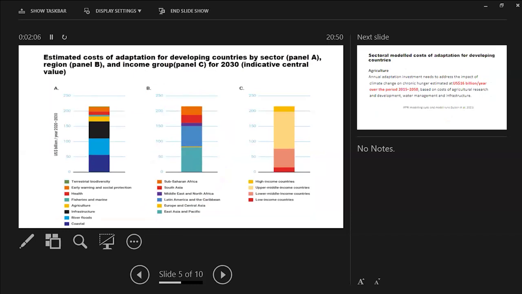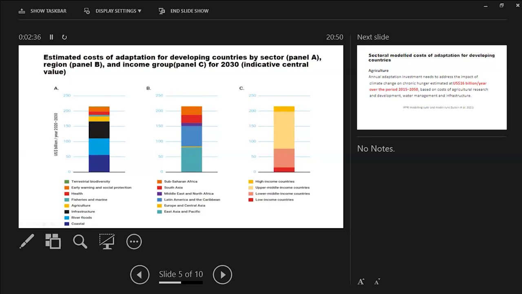So the estimated cost of adaptation for developing countries, for which the tentative plannings are made, and we are particularly concerned about agriculture. If you can see, around 150 to 200 billion US dollars is required to have a proper adaptation to meet the adaptation goals.